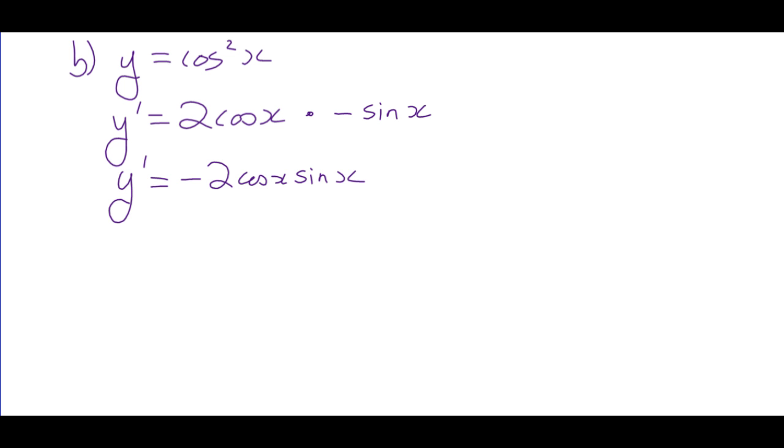And now we do y double prime, right? We do the second derivative. So my first function is negative 2 cos x times the derivative of the second function, sine x, which is cos x, plus, which is really going to be a minus.